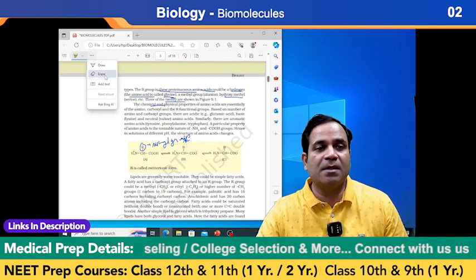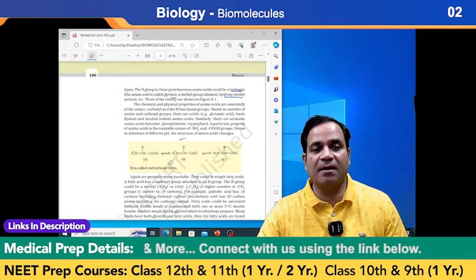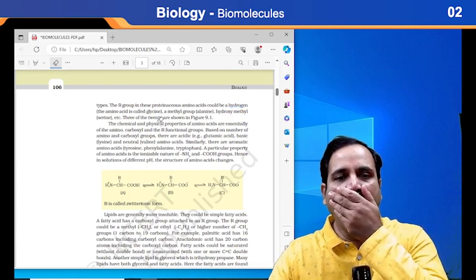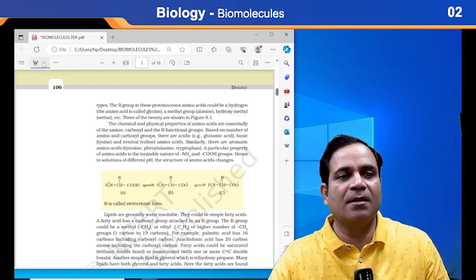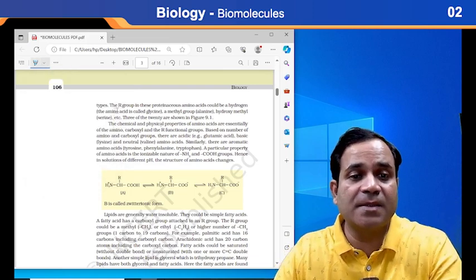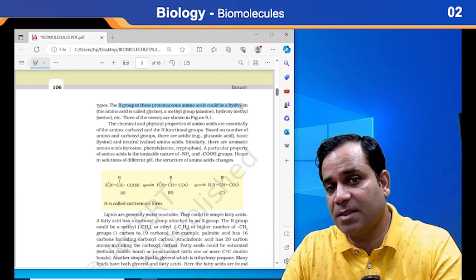Wait a moment. See from this paragraph, my dear. So the R group in this proteinaceous amino acid could be hydrogen.